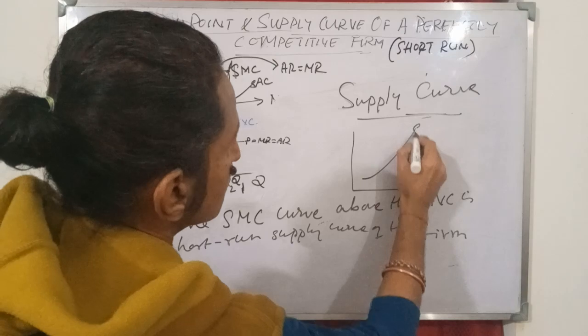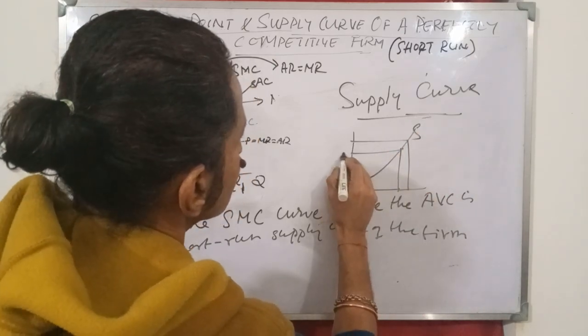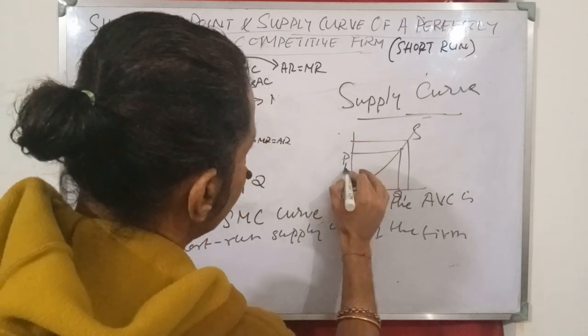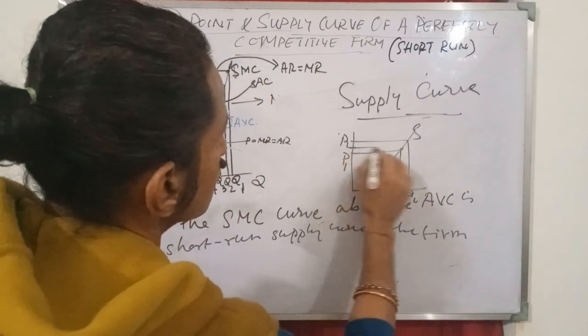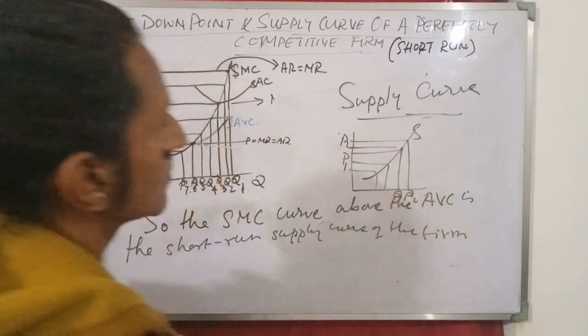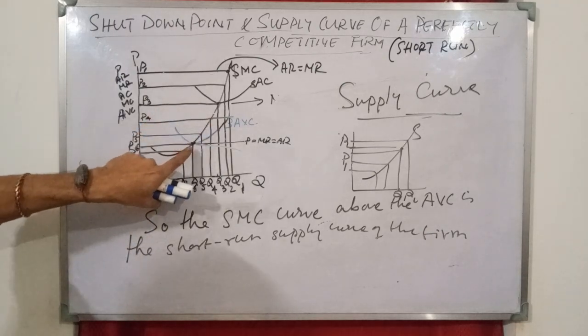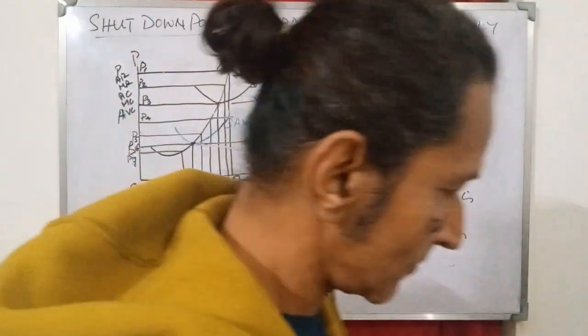Supply curve shows what? The price quantity relationship. If P sub 1 is price, Q sub 1 is quantity, price rises to P sub 2, quantity rises to Q sub 2, and so on. And the marginal cost curve above the minimum average variable cost curve is doing the same thing.